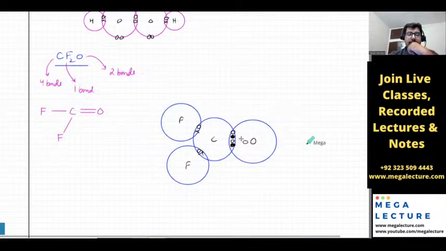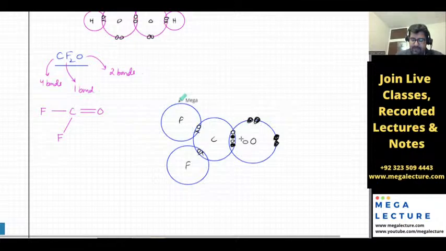So that's done. Remember, every atom should have 8 electrons in total. So this oxygen needs 4 more. There are already 4 electrons here. To have 8 electrons, you need 4 more. The carbon's 8 electrons in the middle are complete. You can look around it, it's 8.